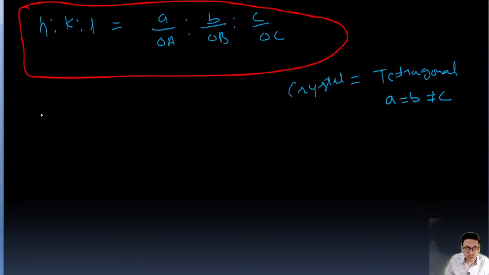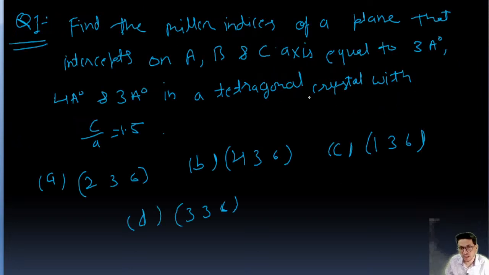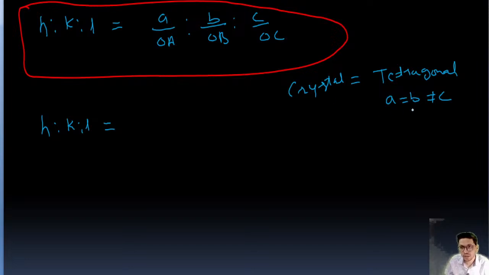So here, HKL is going to be this one. Because it's a tetragonal crystal, A equal to B. So in place of A, it is A upon OA, and if we put B, the value of B is A, A upon OB, ratio C upon OC, right?